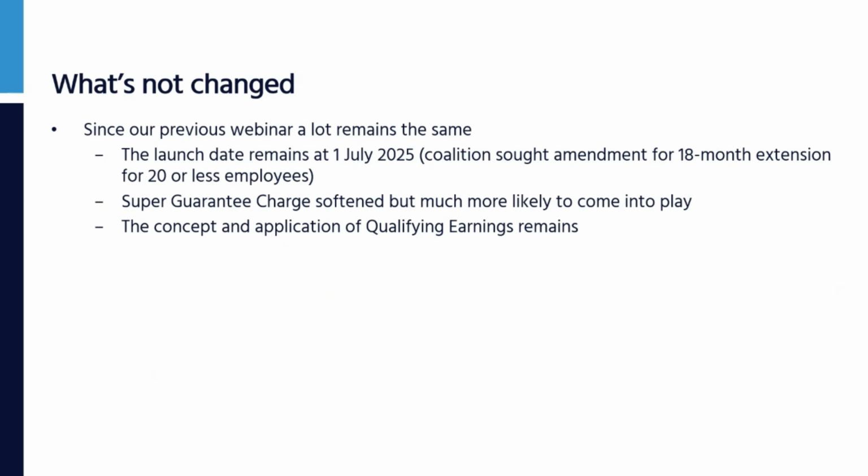The super guarantee charge has been softened, but it is much more likely to come into play. So if the super's not in the employee's accounts by the 7th business day, then you haven't fulfilled your obligations. And there are some exceptions, and again, won't go into too much detail, but at the end of the day, the legislation is basically saying it's the employer's fault.